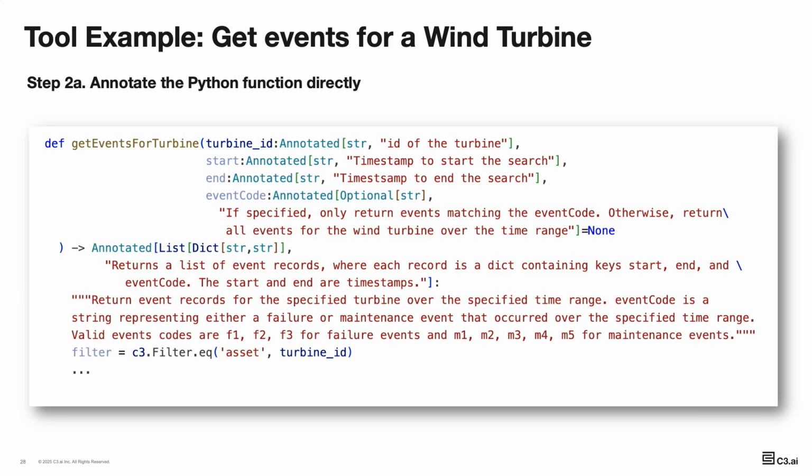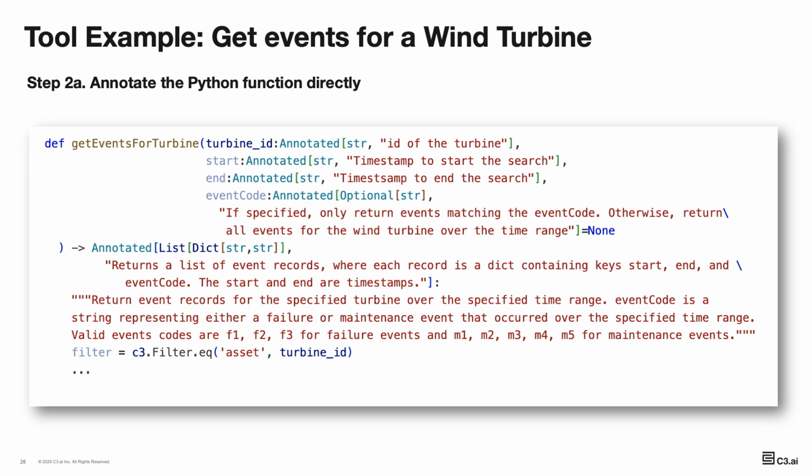Okay, so now I want to take that simple function and make it available to my agents as a tool. There are two ways to do this, as I mentioned. We'll do the native Python version first. We will add annotations to provide additional information to the LLM. This approach is pretty standard. For example, the AutoGen framework from Microsoft does the same thing.